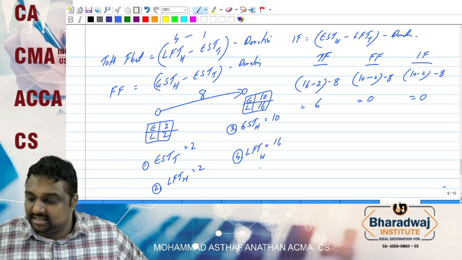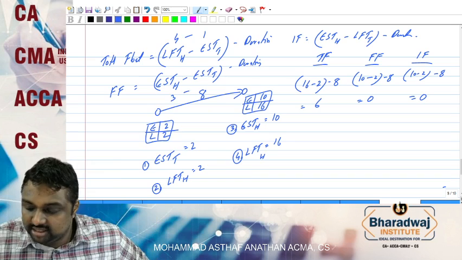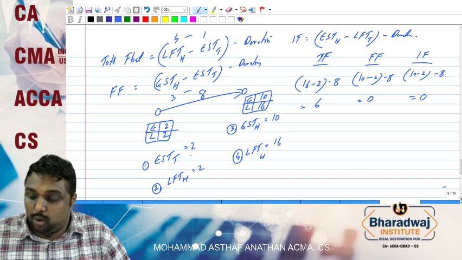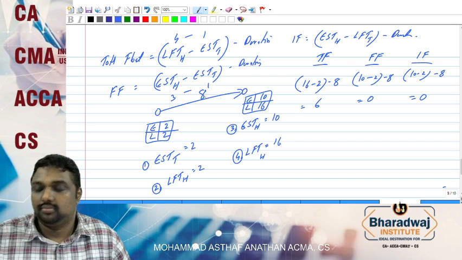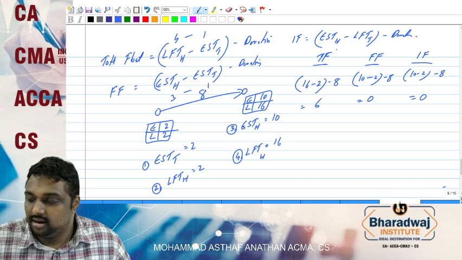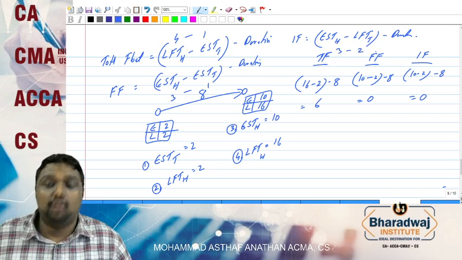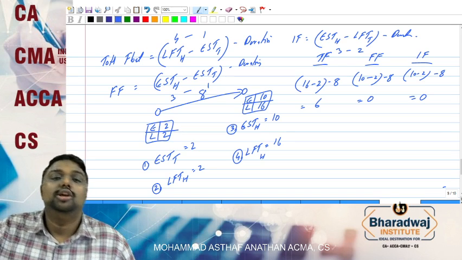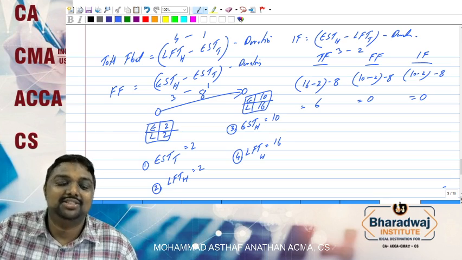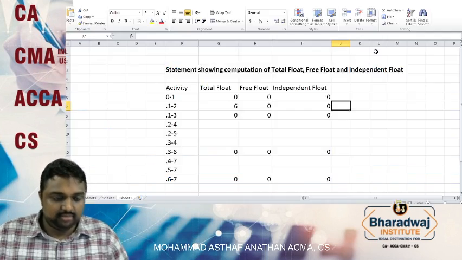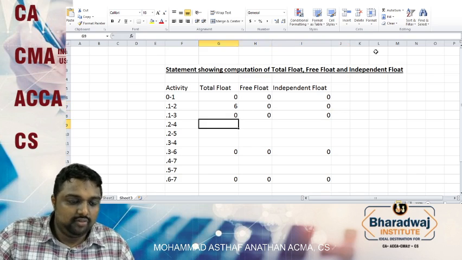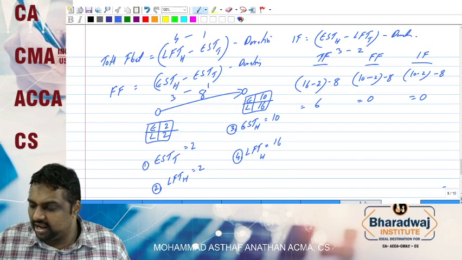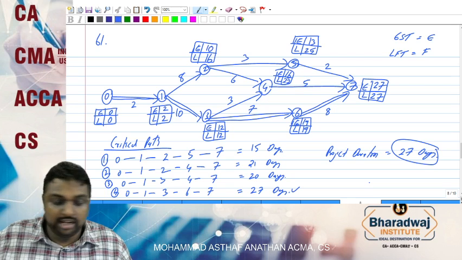Here the earliest start time of head node is 3, minus 1. Now here, 3 minus 2. So 4 minus 1, 3 minus 1, 3 minus 2. Duration is common. Now we will start. First, we will go for 2 to 4. Now we can easily finish. What is 2 to 4?